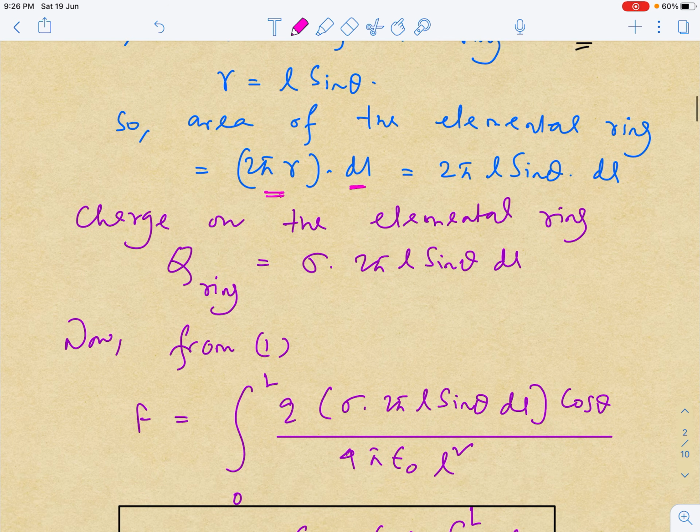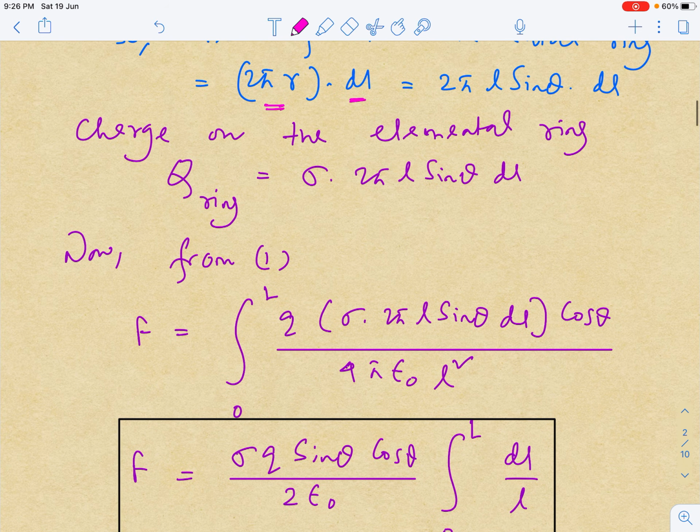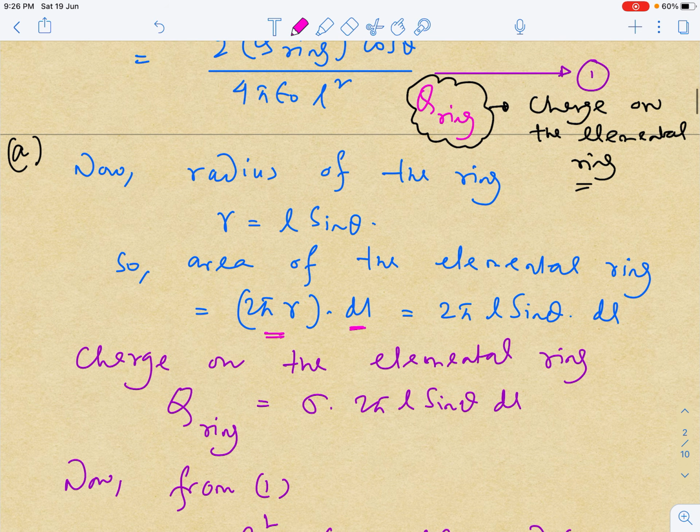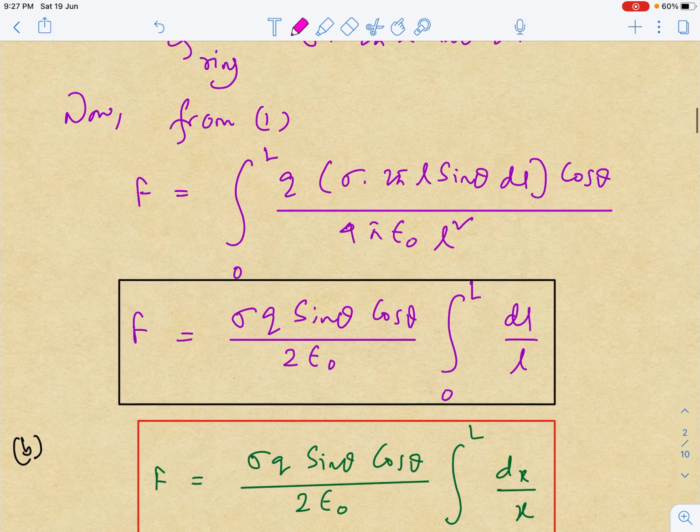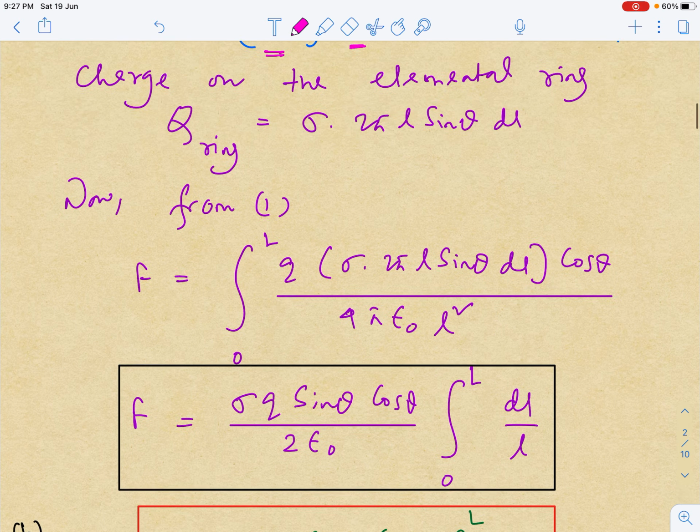Now, charge on that elemental ring, Q ring, will be equal to surface charge density sigma into area of that elemental portion. All right, correct? Now I am just going to substitute this result of Q ring in equation 1 that I calculated previously.